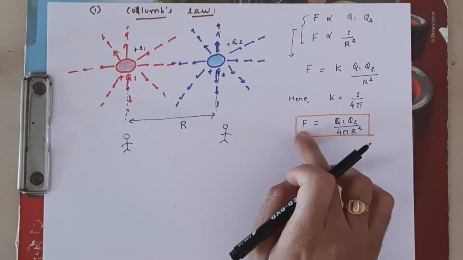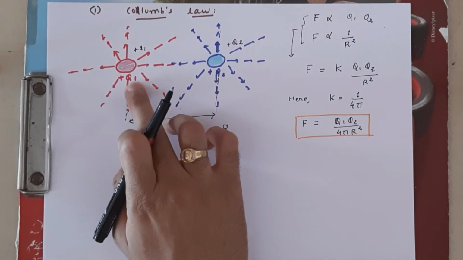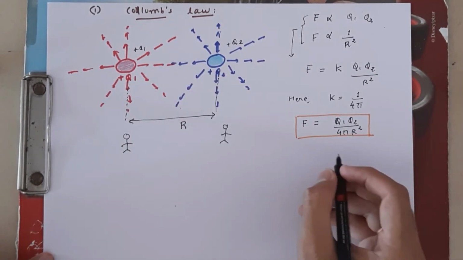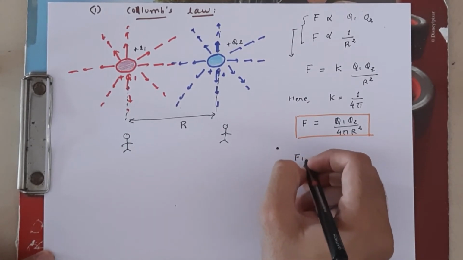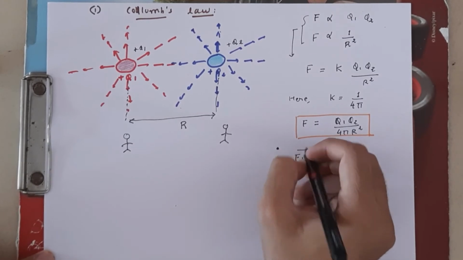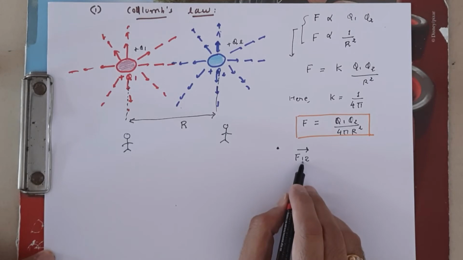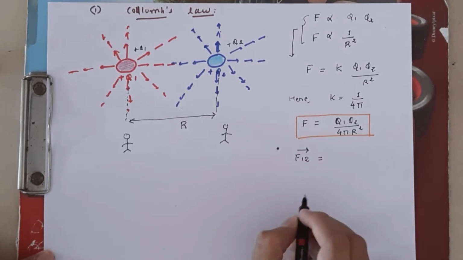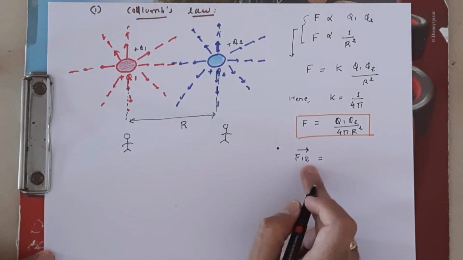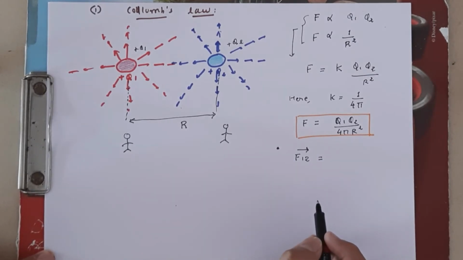So now I have to write the equation of force on the first charge due to the field of the second charge. First of all, I will write F12. What does F12 indicate? F12 is the force on the first charge due to the electric field of the second charge. Similarly, you can write F21 also. But F12 means force on the first charge due to the electric field of the second charge.